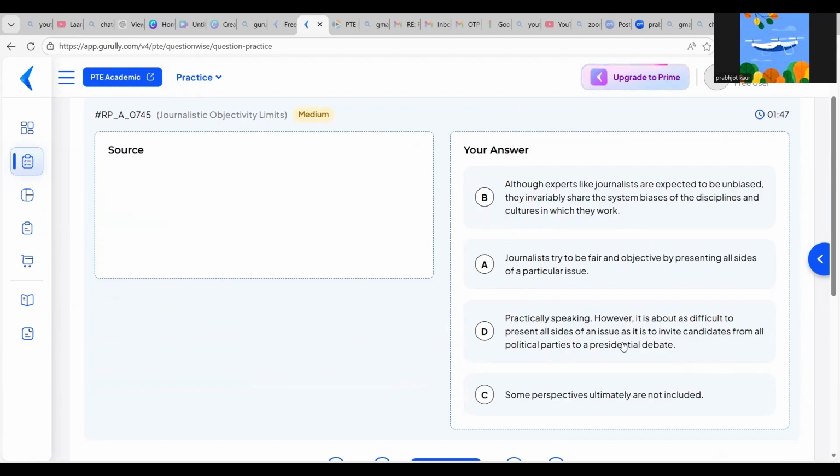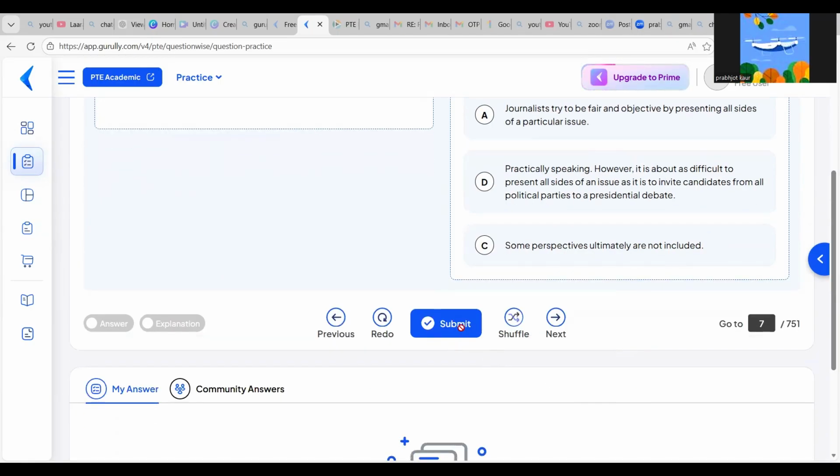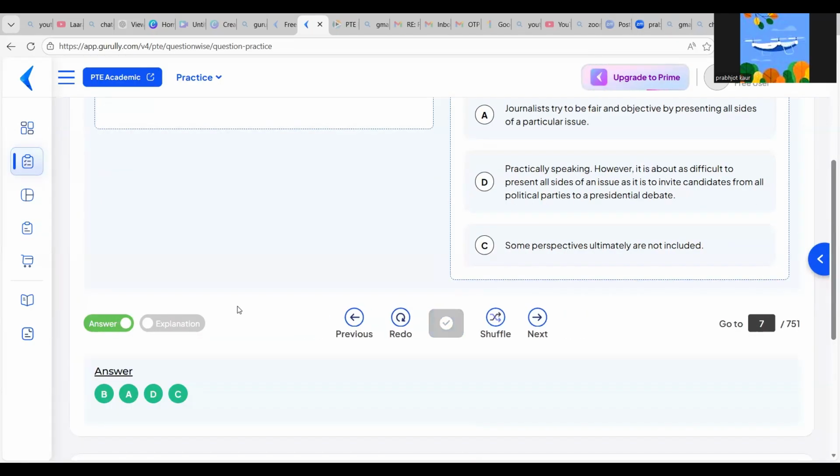These come together and those also come together: presenting all sides of particular issues. So here is the opposite information. Practically speaking, however, it is too difficult to present all sides of issues, as it is to invite a candidate from all political parties to a presidential debate. So some perspectives ultimately are not included. So that makes sense. Here we can see the answers: A, B, C, D, C, D. Next one.